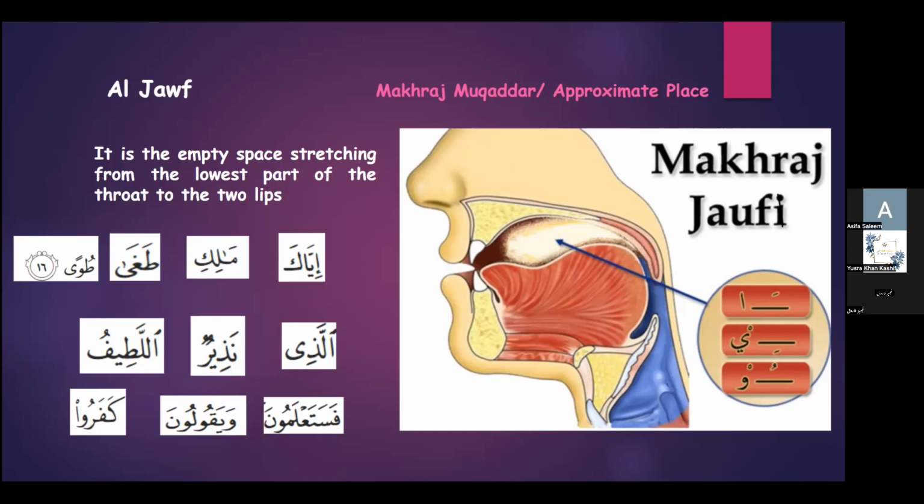Once the ya is released from its makhraj, the elongation is taking place from this area now, and it's not stopping until I stop it. The makhraj is really very vast. You cannot say this sound is cut off or stopped at this place, because it's not until I make it stop.